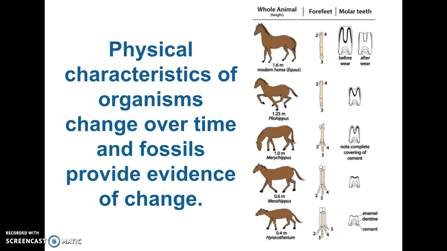Then on the third ancestor of the horse, we see that those bone structures are getting smaller. And then those bone structures move up to a different location, and we start to see that evolution to the modern day horse.